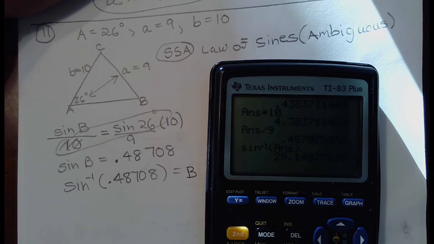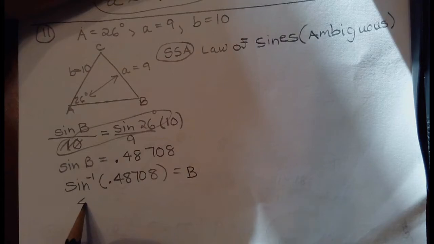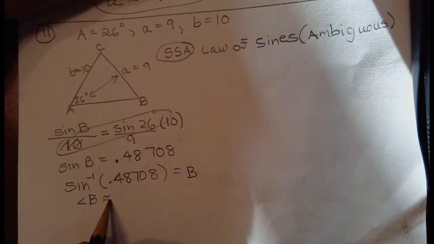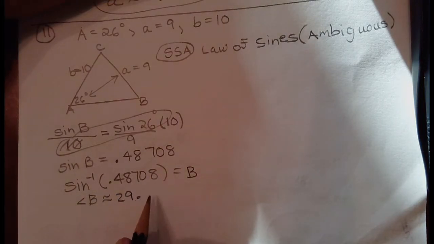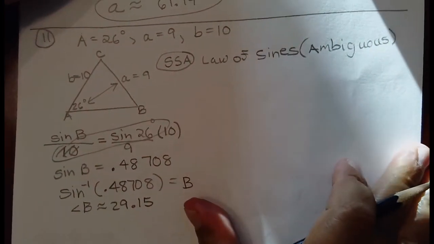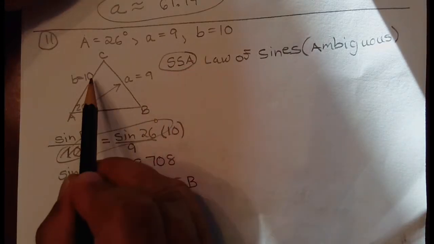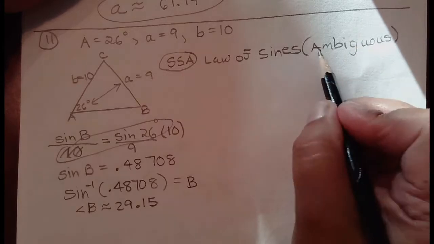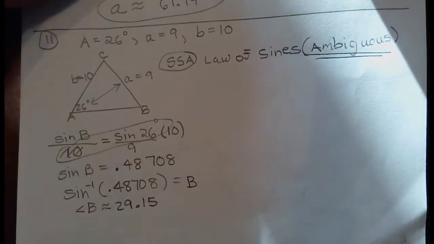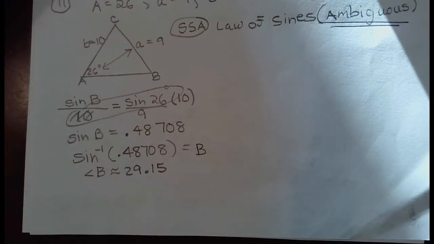Okay, so with regard to this ambiguous case that we're faced with in this problem, only because we were given side, side with an angle that was not included between the sides. Because we're in the ambiguous case, at the moment that you find your very first angle, you need to figure out whether this might split into two different triangles. So we know that this can be 29.15 degrees, but could it have been something else?